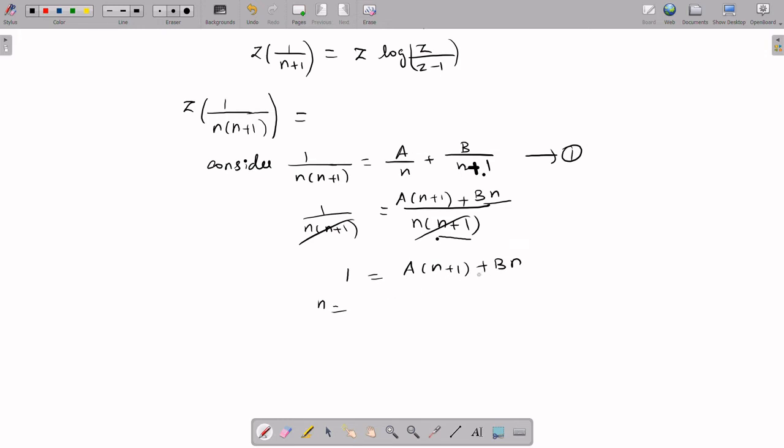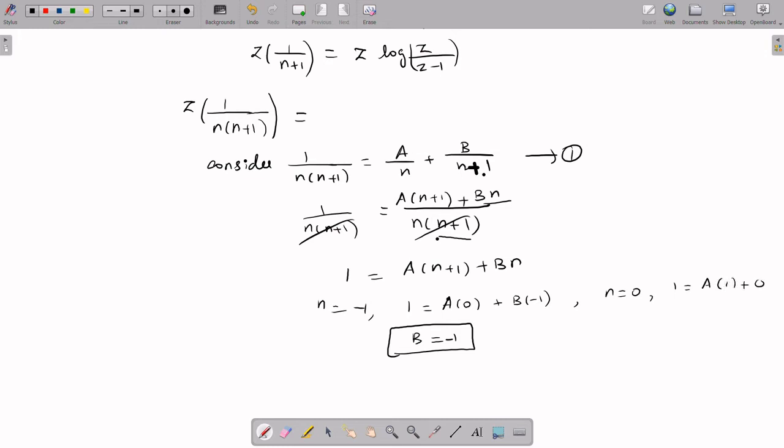Okay. So when you're substituting n is equal to minus 1 here, 1 is equal, there is no n term here, a into this becomes 0, plus b into n is minus 1, so b is equal to minus 1 you have. Okay, the value of b is equal to minus 1. Minus comes here. And then when n is equal to 0, what about n is equal to 0 here? 1 is equal to a into, this term becomes 0 plus 1 is 1, plus bn into 0.